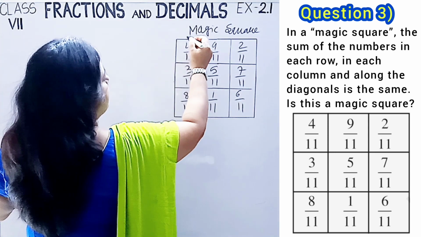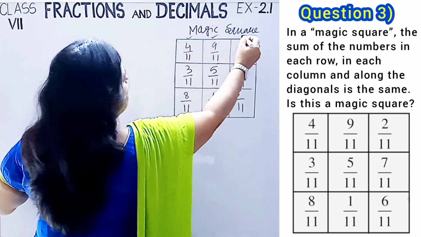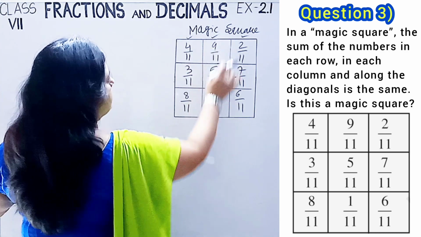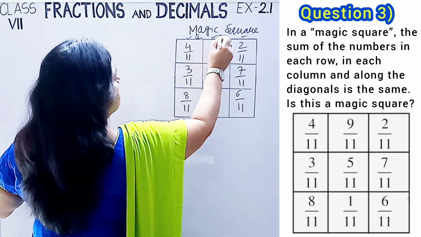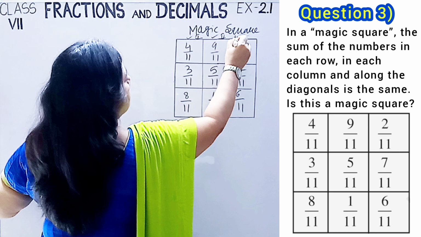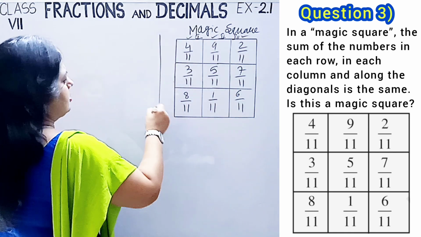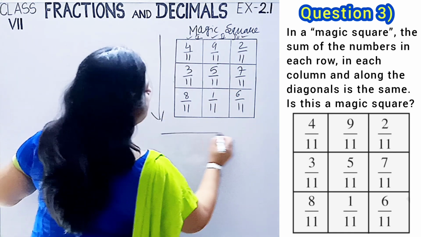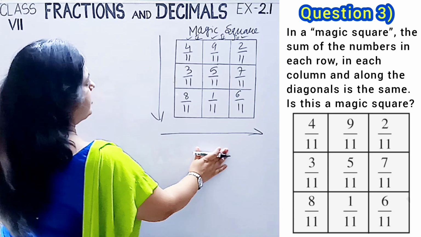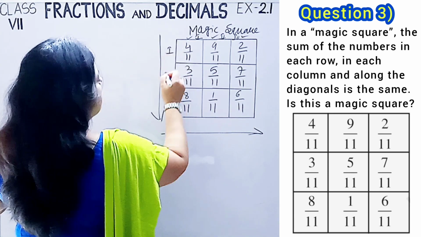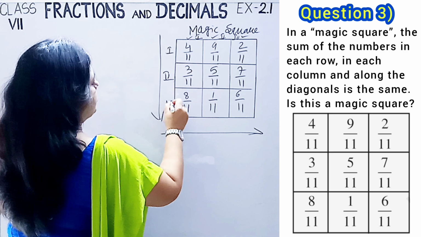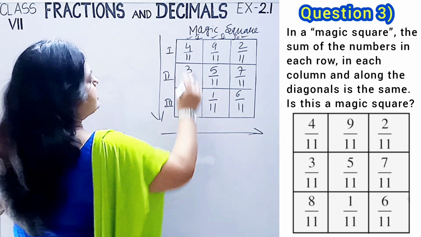So we have to check columns. This is the first column, second column, third column. So these are columns. Now coming to rows: first row, second row, third row. Last one is diagonals.